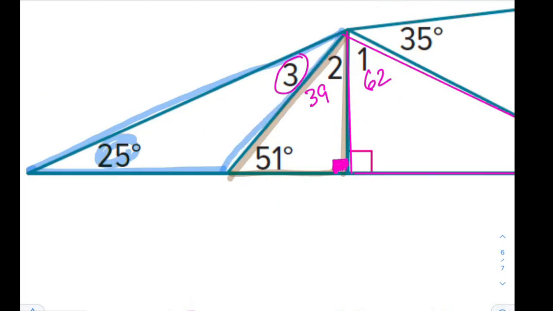We have only one angle given, and this one is not given, but we can find it. We can see that these angles together form a linear pair, right? A line. So this alone is 180 minus 51, because the sum is 180. So this is 129. Now we have a blue triangle with two angles known.